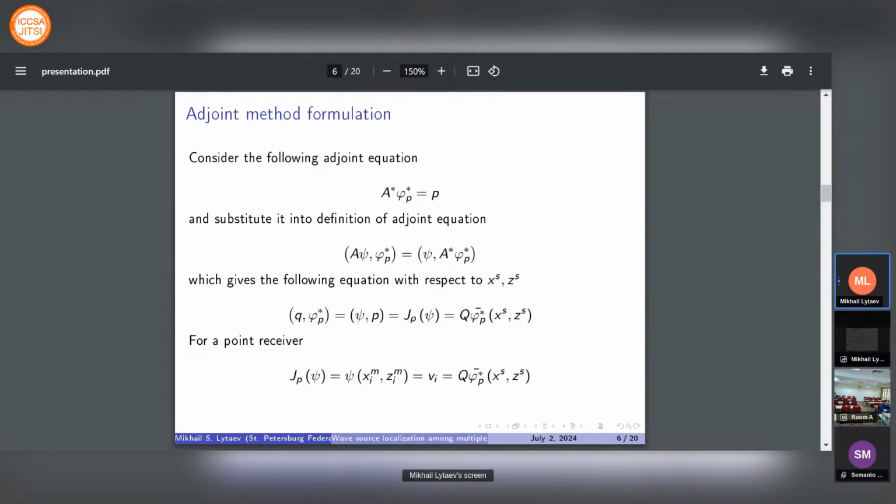But of course, it is clear that the solution of this problem is not unique, as we will see later. And also, it is clear that the solution of the inverse problem is based on several solutions of several forward adjoint problems, which are almost the same as the forward problem.